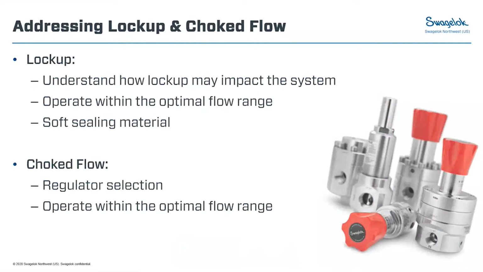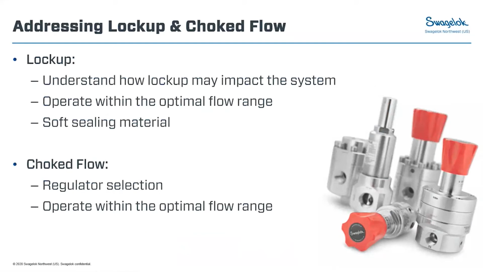So how do we address lockup and choked flow? With lockup, what we want to do is understand how this slight increase in pressure when we close our flow may impact the rest of our system. That means operating within the optimal flow range of our flow curve for that regulator.